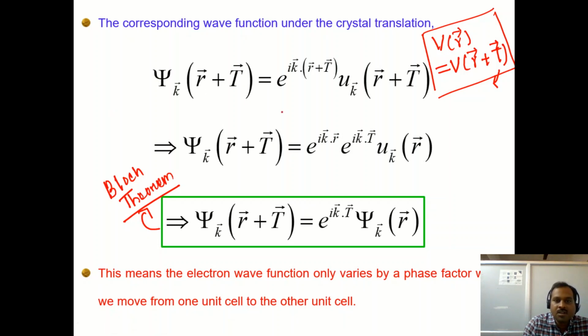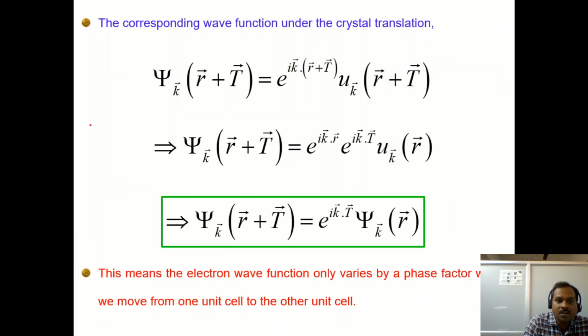That means this Bloch wave function can be written as psi_k(r) is given as the plane wave solution e^(ik·r), modulated by one periodic function which is u_k(r).